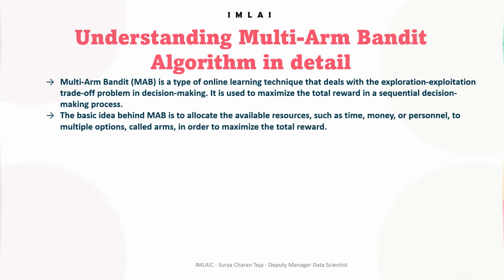The multi-arm bandit algorithm involves balancing the exploration of new options and exploiting the best option so far. It's particularly useful in situations where the available options have unknown reward distributions and the algorithm needs to learn from the data to find the best option. That's why we call this reinforcement learning.